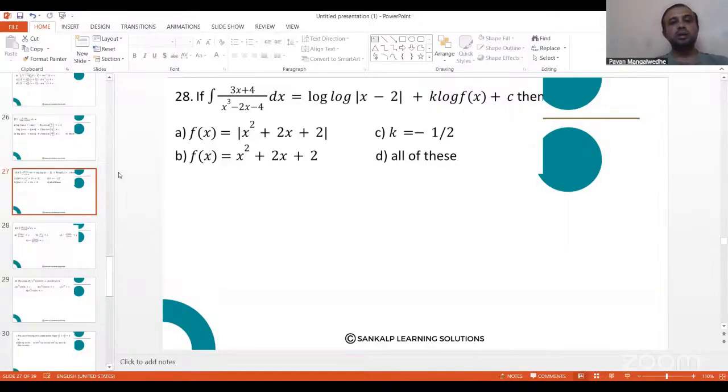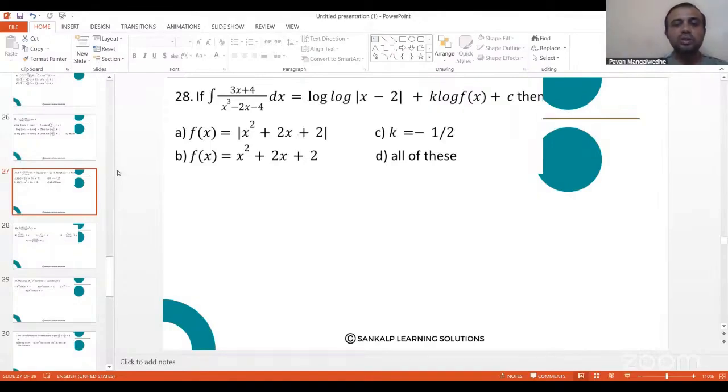If the condition is there, the integration of (3x plus 4) by (x cube minus 2x minus 4) dx equals log mod x minus 2 plus k into log of g of f of x.